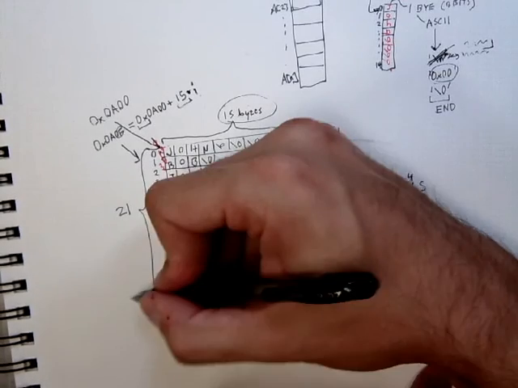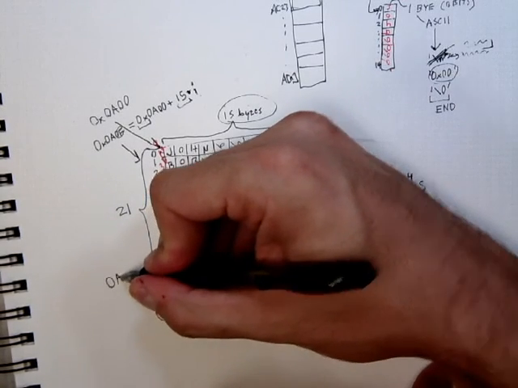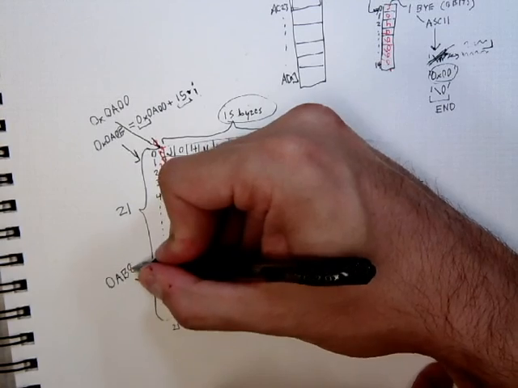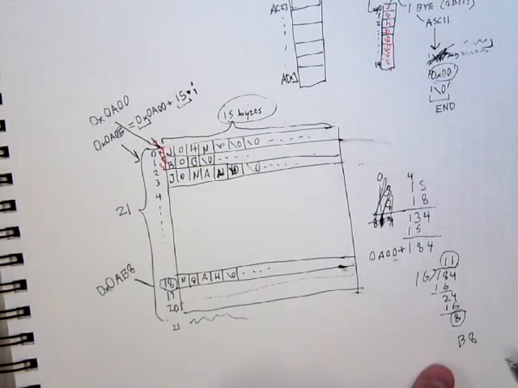So the address of this guy is going to be 0AB8 in hexadecimal.